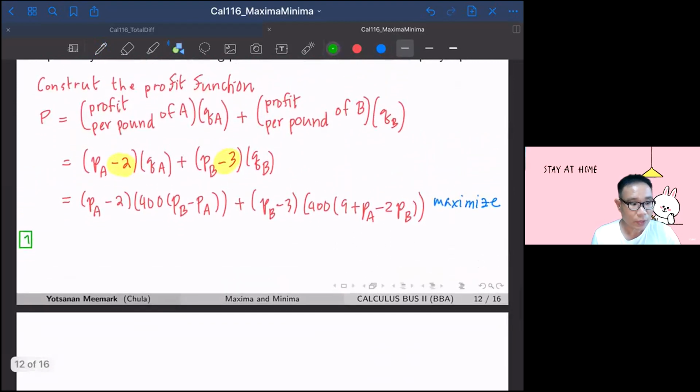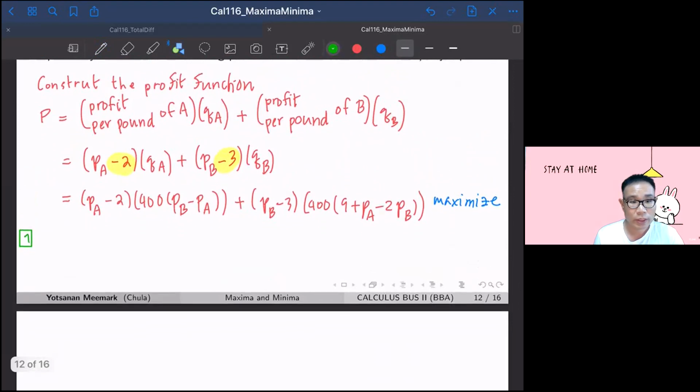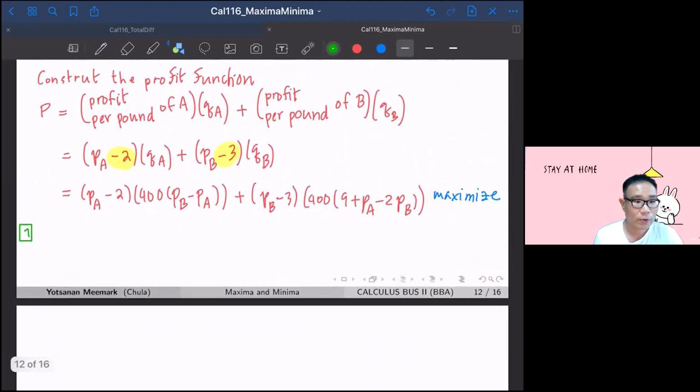So in order to obtain the derivative with respect to PA, you will need to use the product rule for the first term. So it's dP by dPA.